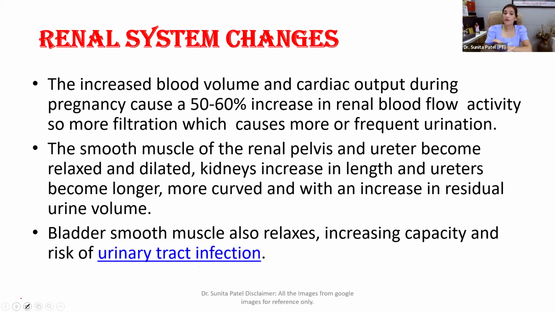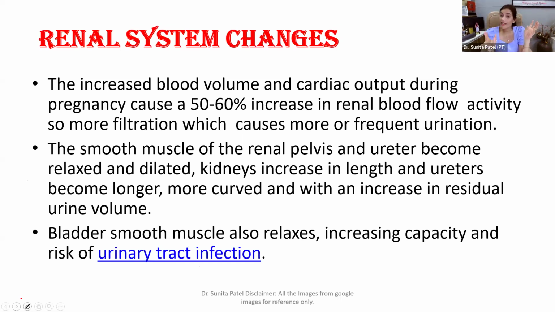The smooth muscle of the renal pelvis and the ureters will become relaxed and dilated. Now, what holds the urine? The bladder. The bladder is an organ that can expand, like a balloon, to accommodate 350 to 450 ml of urine normally, if you are not pregnant.